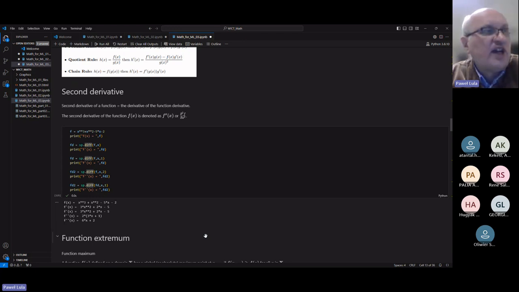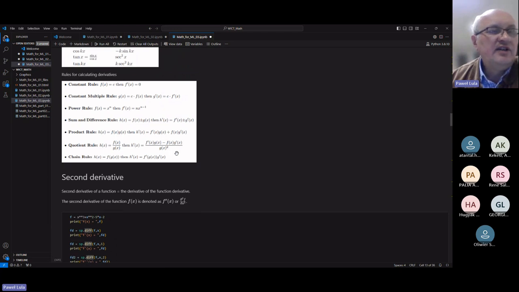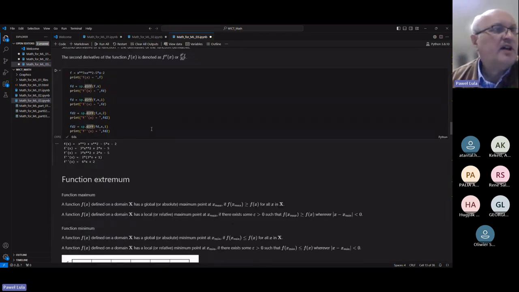You can check that the derivative which we can calculate using these rules, formulas which we had in these two tables, will give the same result.